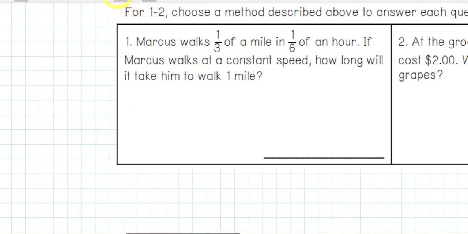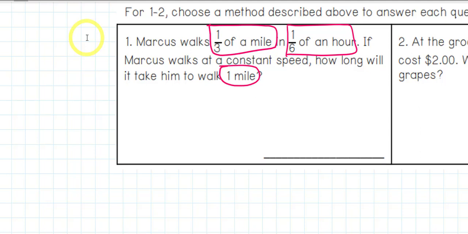Marcus walks 1/3 of a mile. So here we're given the information of 1/3 of a mile in 1/6 of an hour. So my words are going to be miles and hours. And let's see which one of those is going to be the denominator. If Marcus walks at a constant speed, how long will it take him to walk 1 mile? There it is.